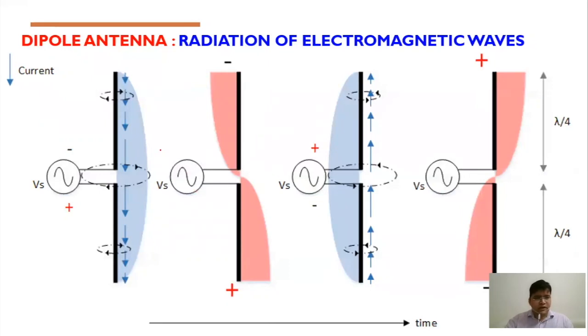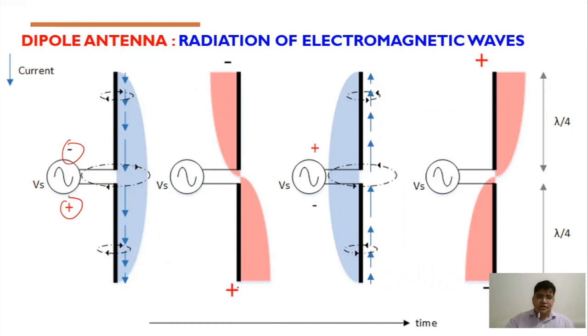So these are the field lines we have already discussed. For this figure, here we can see both charges, positive and negative. You can see the location, and maximum velocity occurs here, and both charges are crossing each other.